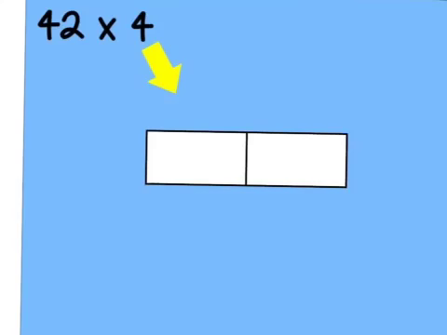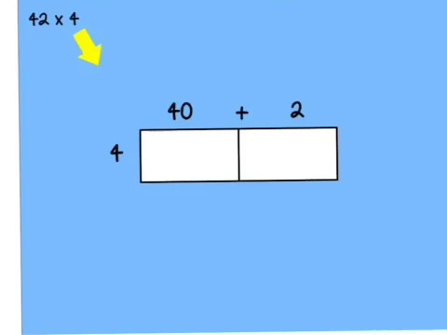But for today's video, we're going to show how partial product will help us connect what we know about multiplication to the new algorithm. Here I've set up a partial product box, breaking 42 times 4 into 40 plus 2 using the distributive property.